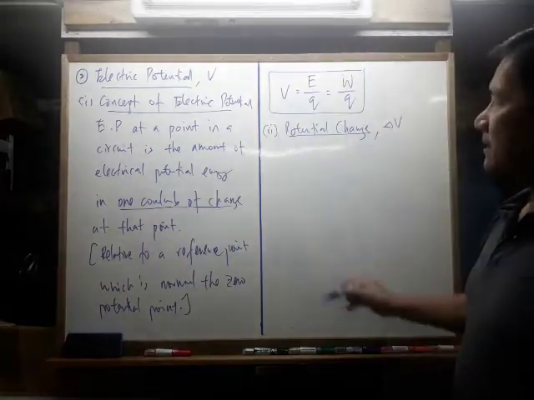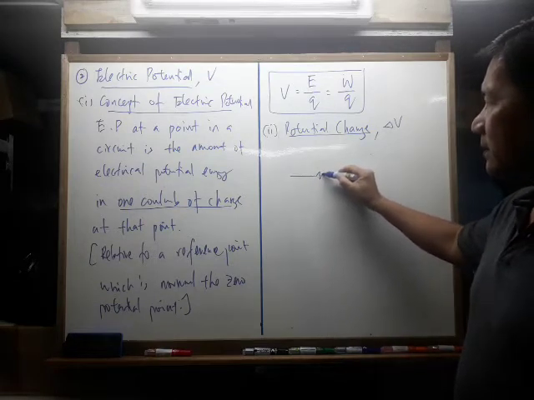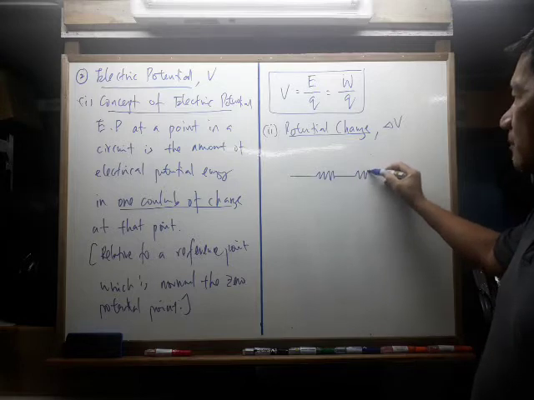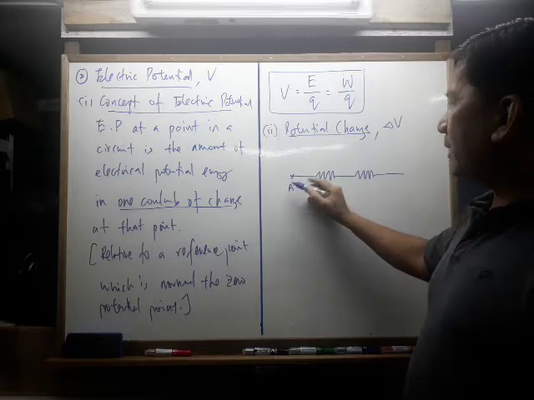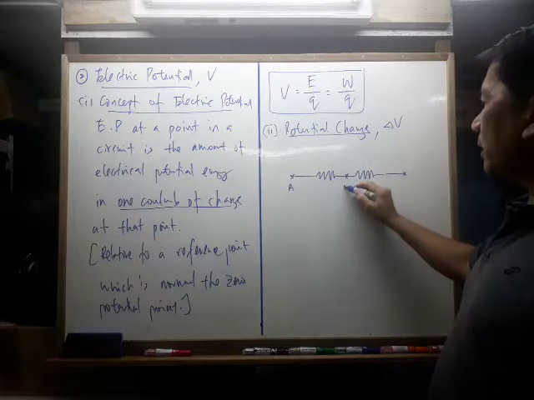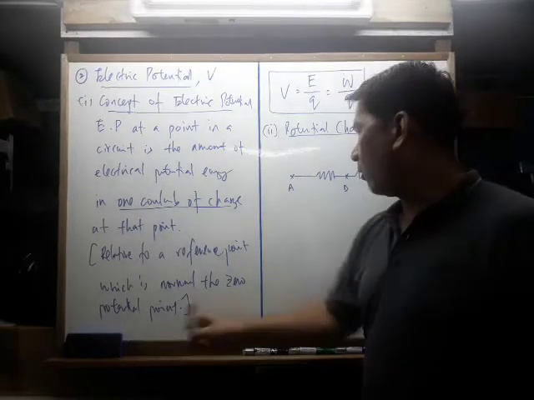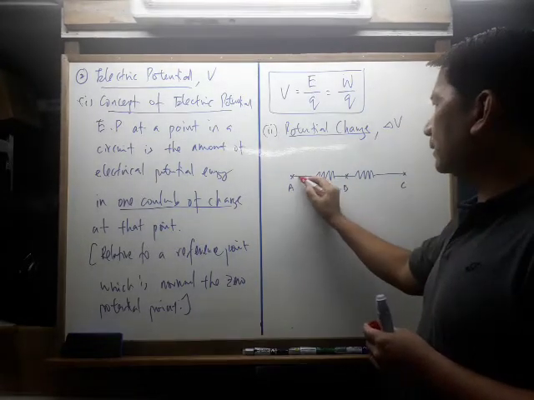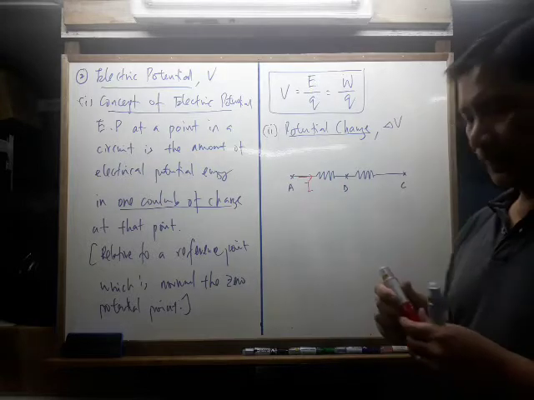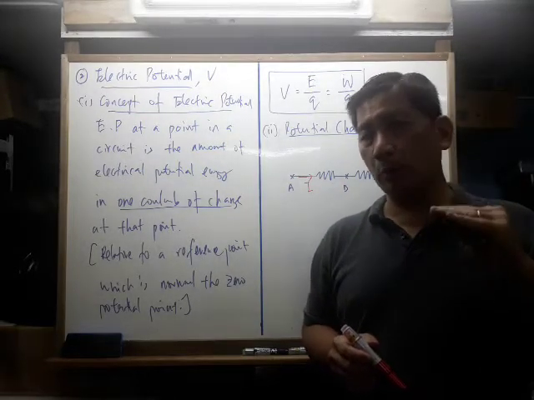So let's say you have a circuit with a resistor, it can be 2 resistors. You start with point A, and here is point B and point C. Let's say current starts from A and flows from A to C. Now remember this: current flows from high potential to low potential.